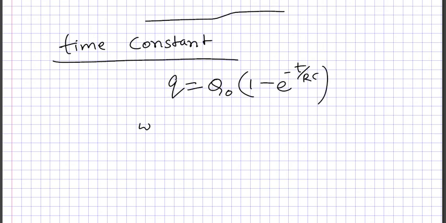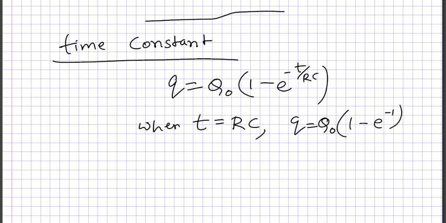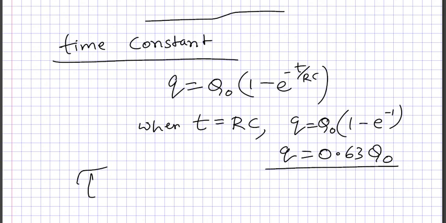When t is equal to RC, q becomes q naught into (1 minus e to the power minus 1), or 1 minus 1 by e, which is 0.63 times q naught. Usually the symbol tau is used for time constant. Tau is equal to RC is the time constant.